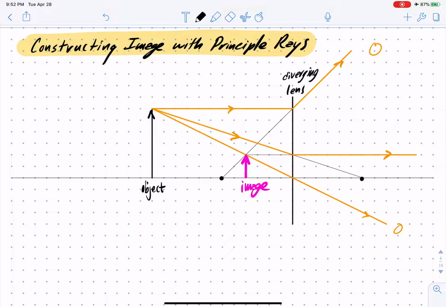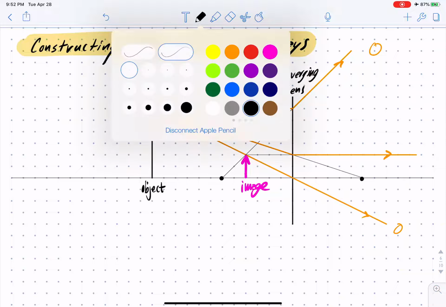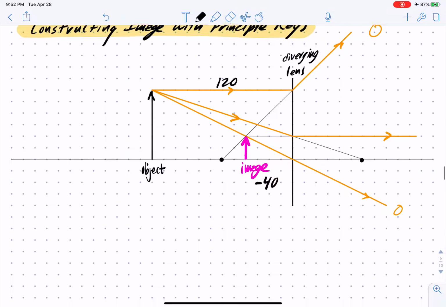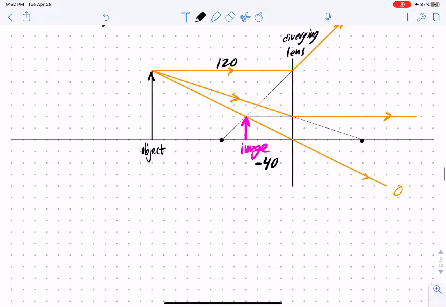Let's do the same thing again with the math of it. So this is 100. This is 120. The image distance is negative 40. We know it's got to be negative 40 because it's on the left-hand side. Okay, so let's try doing this the other way.